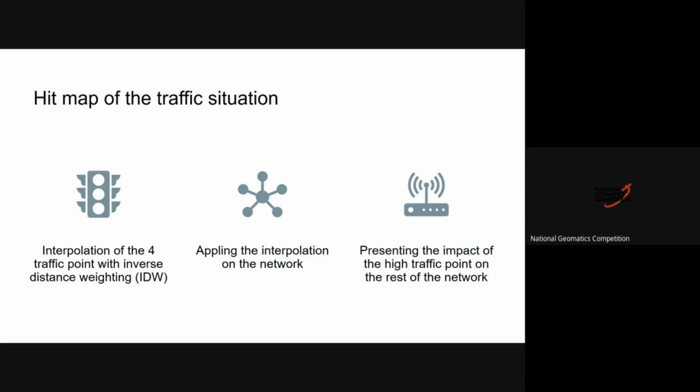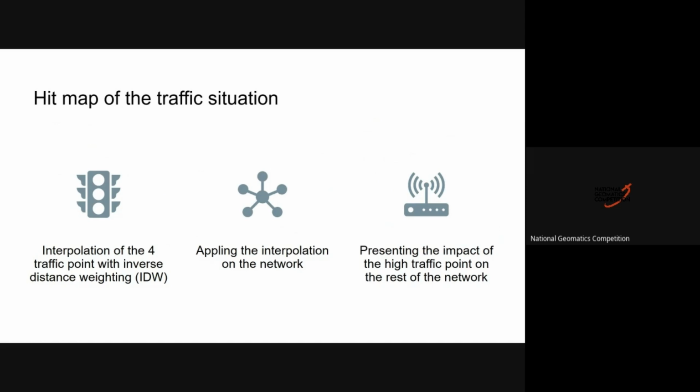To do this, we used the point-based vehicle count data, and we applied the inverse distance weighting method, which is the IDW. We did not have continuous data on the whole network, so we had to use this interpolation method, which is used in GIS to estimate unknown values based on nearby known points.